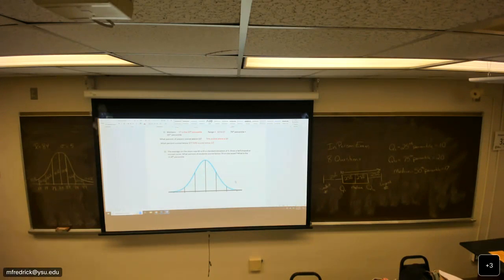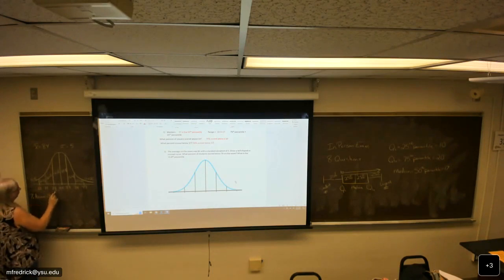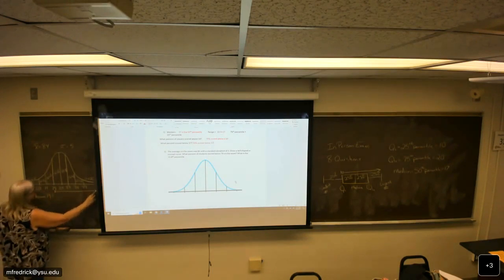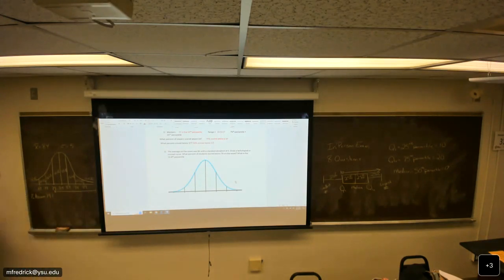The problem states, what percent of students scored above 79? 79 is there. If it wasn't there, you did something wrong. Above 79 would be here. So we would add all those percents from 79 over. Oh, it said below.